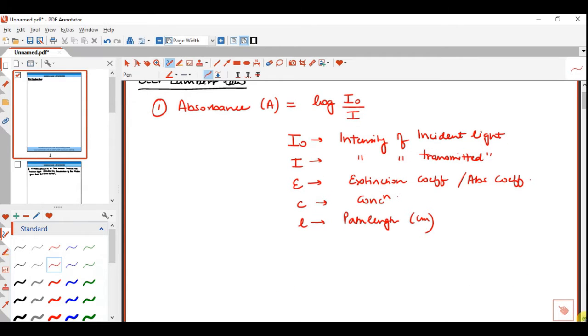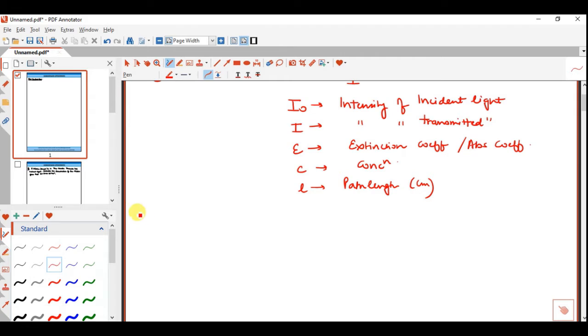Next is the concept of transmittance. I've already explained what transmittance is in the theoretical video that I posted last.